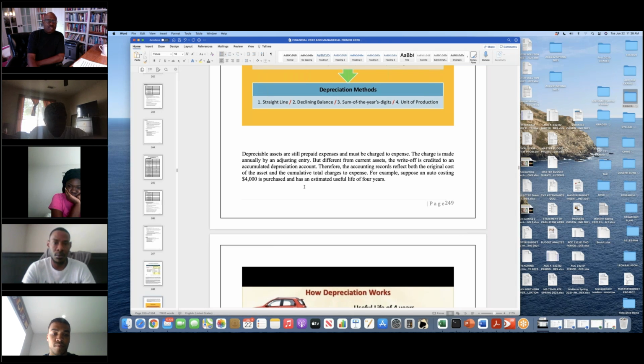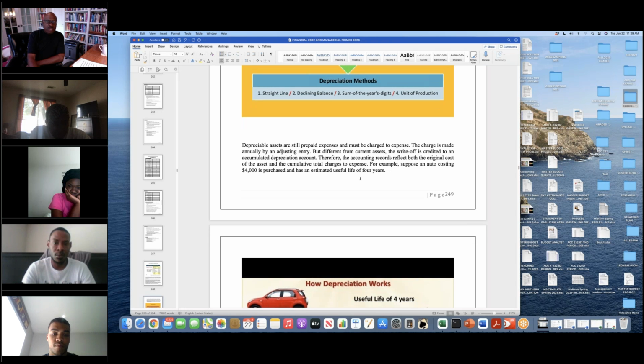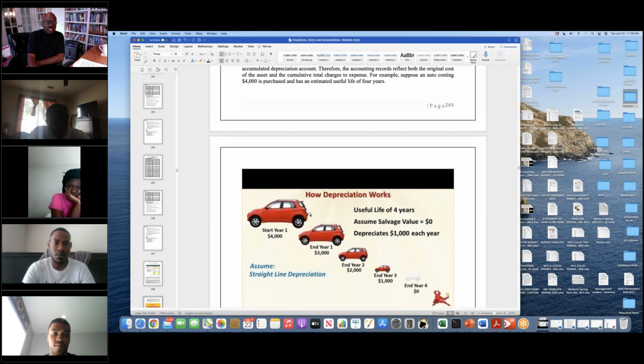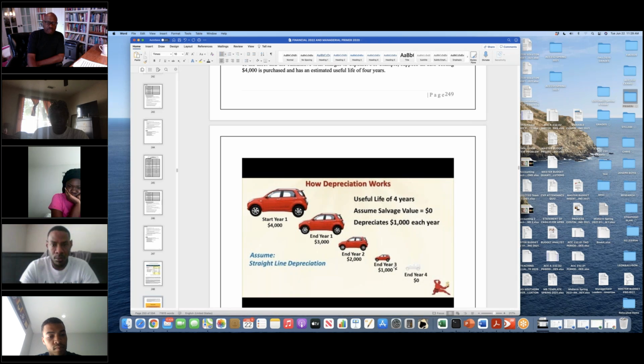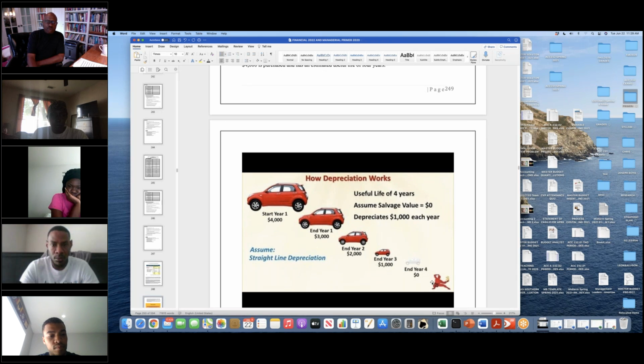Suppose you buy a car costing $4,000 and it has a 4-year life. When we buy the car, it's worth $4,000. At the end of the year, if it's depreciated $1,000 a year, it's worth $3,000. At the end of the second year, $2,000. End of the third year, $1,000. End of the fourth year, it's not worth anything.